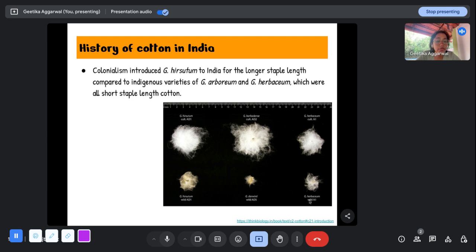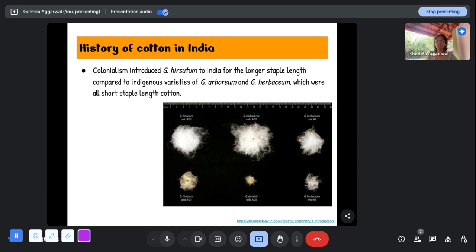Don't compare it to the wild ones. All of the wild varieties have shorter staple lengths. Staple length is the length of a bundle of fibers. So the wild varieties have smaller staple lengths, but the cultivated varieties have longer staple lengths. And among those, hirsutum and barbadense have longer staple lengths than herbaceum. As we discussed, herbaceum is diploid, and these two are tetraploids, so they have a longer staple length.